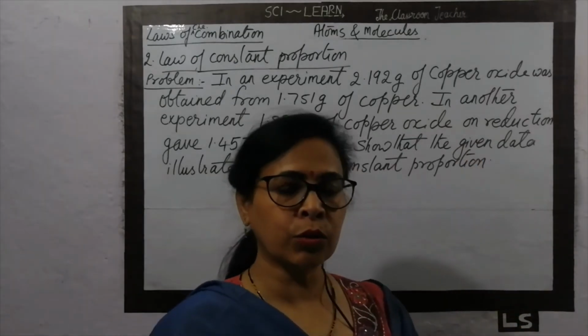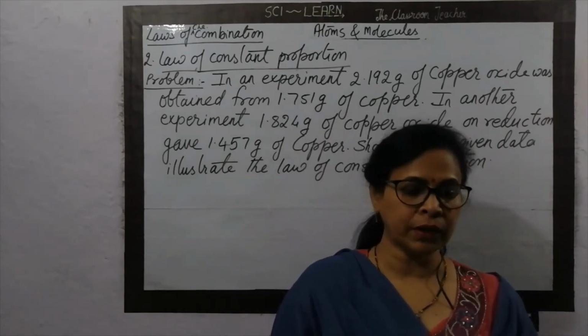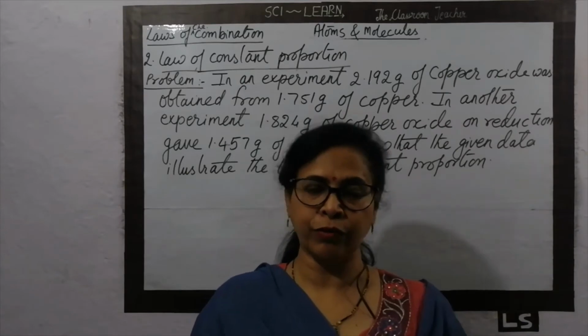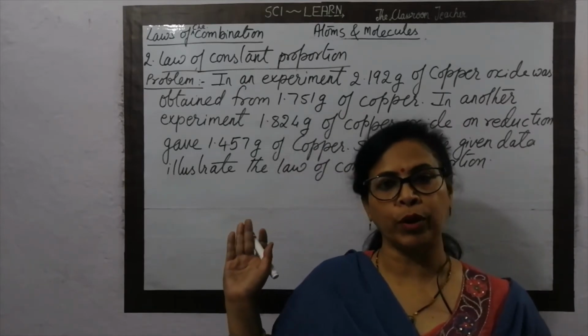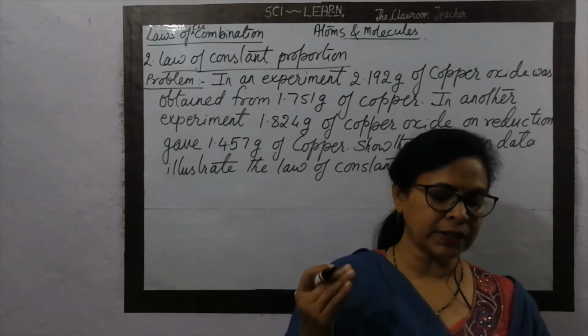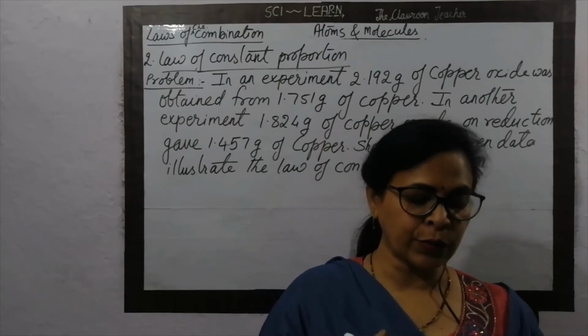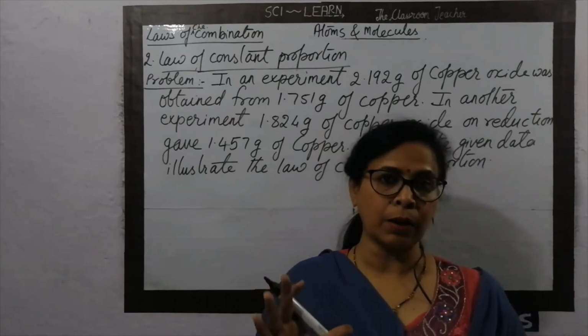Okay, now what is the question given here? There are two experiments. In the first experiment, copper oxide was obtained from copper. The amount of copper oxide is given, and the amount of copper is also given. In the second experiment, again copper oxide is formed by the reduction of a particular amount of copper.